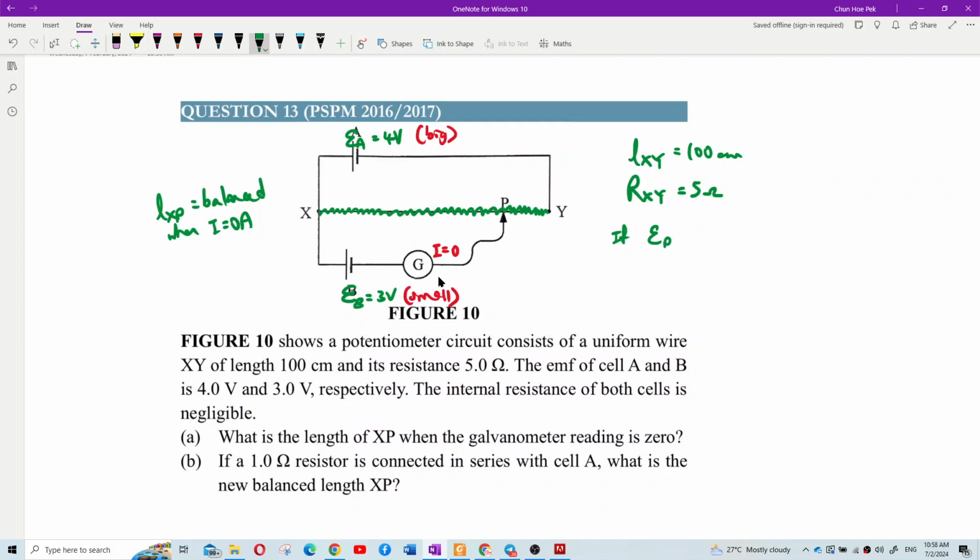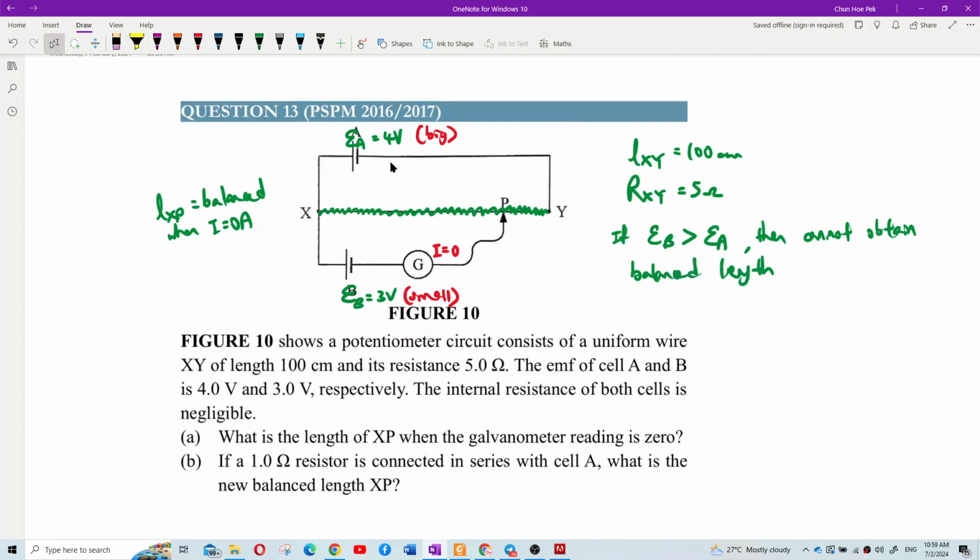If EB is bigger than EA, ya, kalau EB lebih besar daripada EA, then you cannot obtain a balance length.